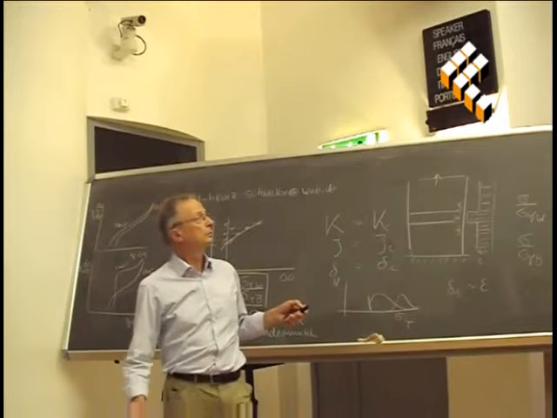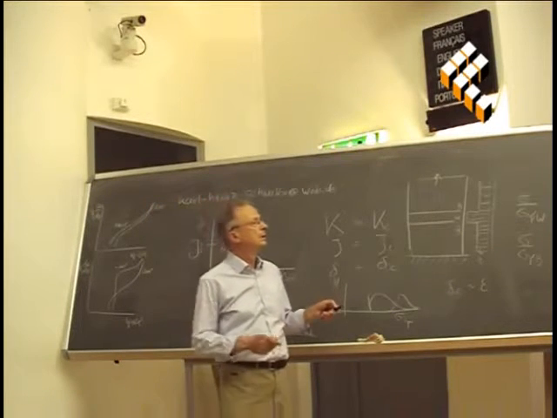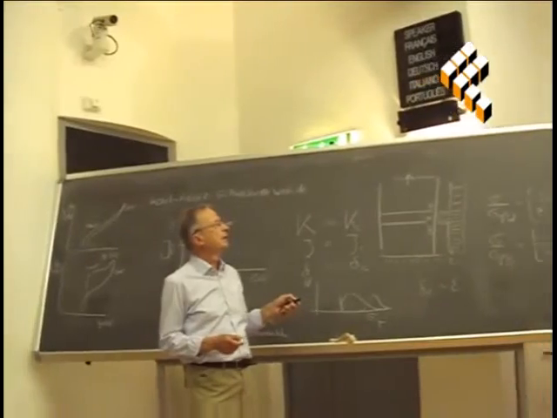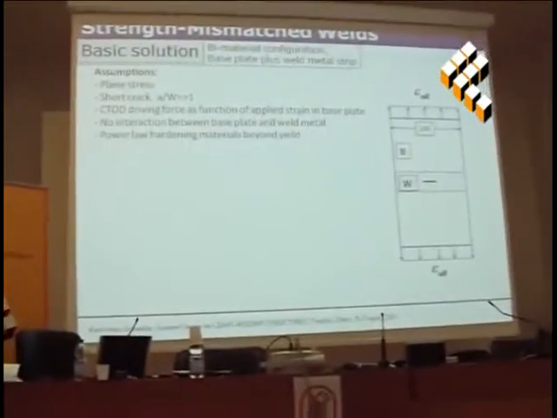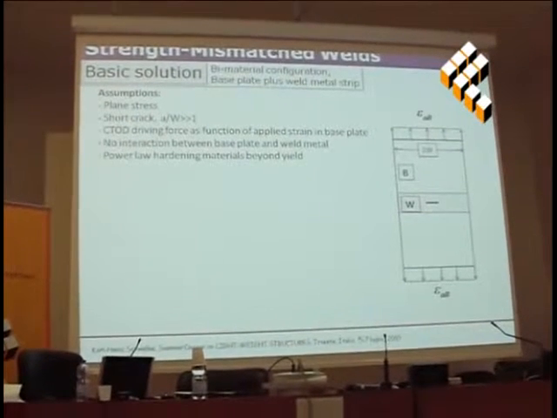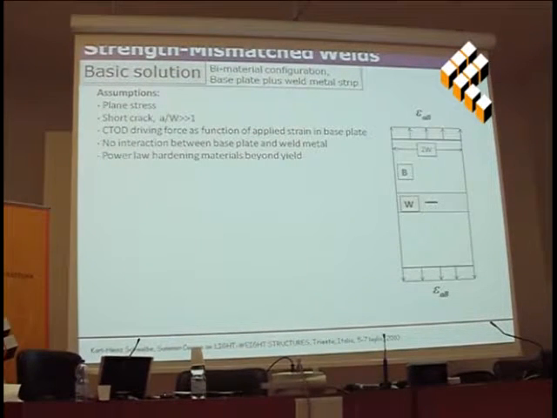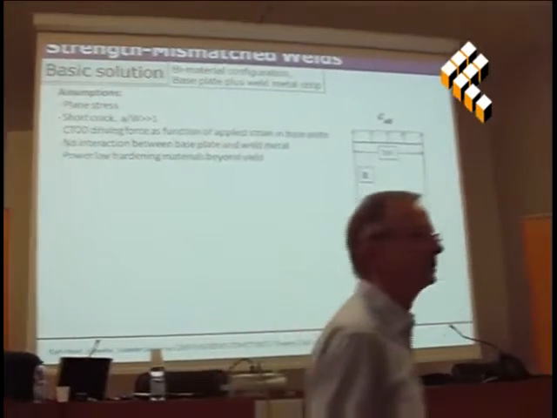And so I started with the problem of thin sections. So the assumption was plane stress, a short crack or a relatively wide plate and a crack that is short as compared to the width. And the crack driving force is calculated as a function of the applied strain in the base plate. Because designers don't think in weld metals.